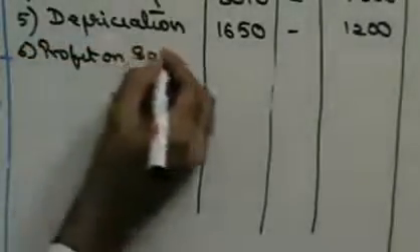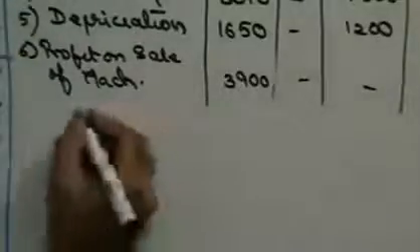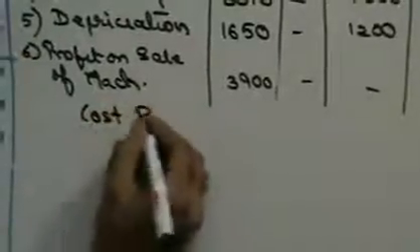Now profit on sale of machinery is never recorded in cost sheet, it is recorded only in P&L. If you all remember your cost sheet format, we never had profit on sale of machinery there. Profit on sale of machinery is 3,900. Right? Now once this is done, then you can make your cost reconciliation statement.